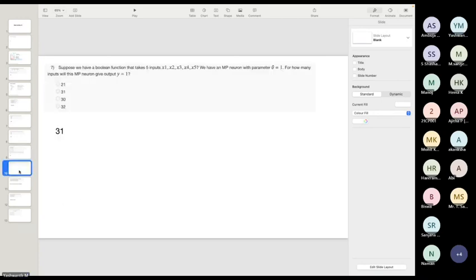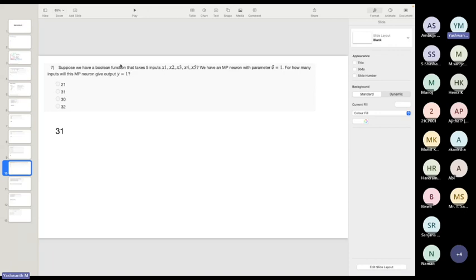So this is the question. Here the input dimension is 5. That means you have a vector of 5 inputs, x1, x2, x3, x4, x5. And we have a perceptron with all ones, 1, 1, 1, 1, 1.